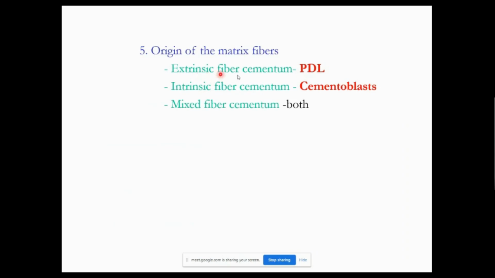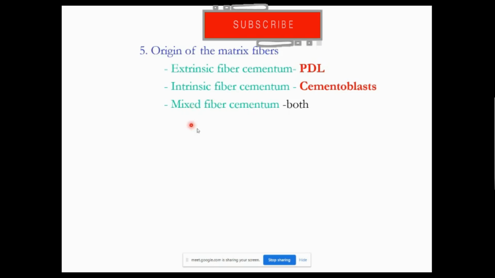Extrinsic fiber cementum, the fibers are derived from the periodontal ligament. In intrinsic fiber cementum, the fibers are derived from the cementoblasts themselves. And in mixed fiber cementum, both PDL and cementoblasts contribute to the formation of the fibers.